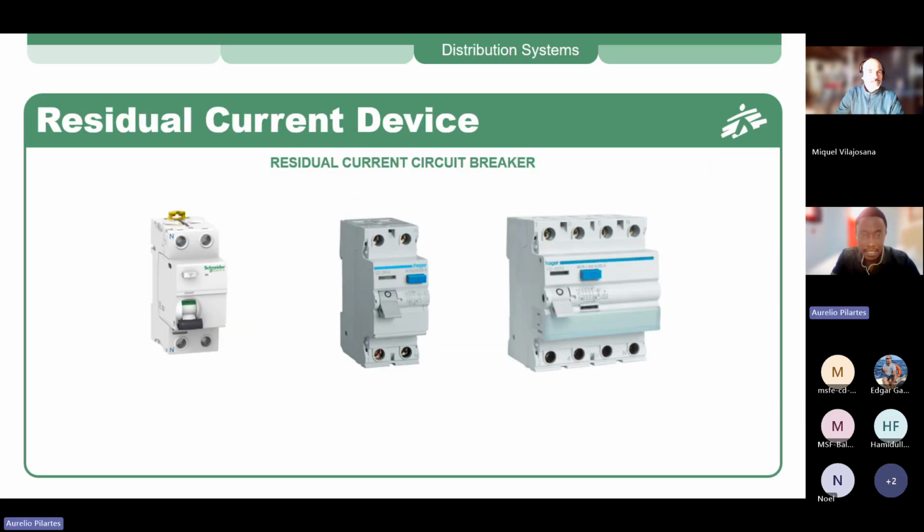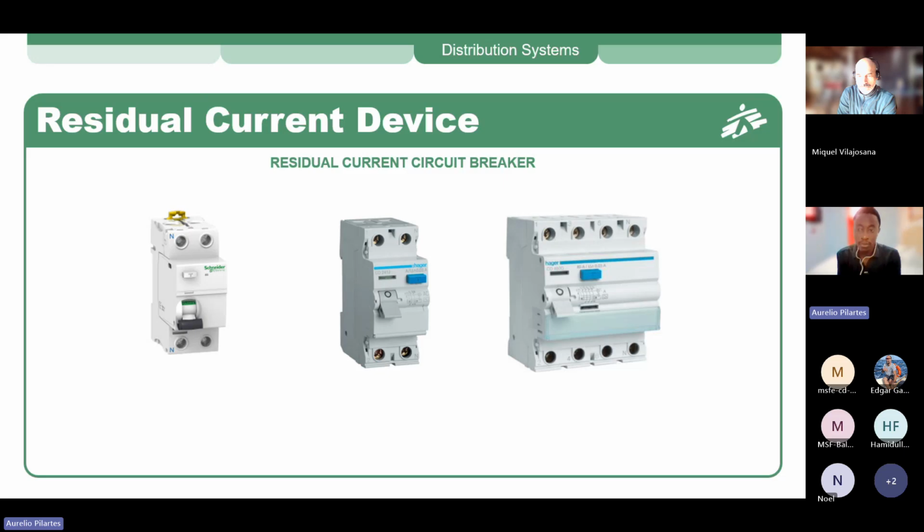Now, after the MCBs and MCCBs, we have the residual current circuit breakers. The RCCBs are meant to protect the circuit against leakage of current. When you have a power system, your current should flow through the entire circuit the same way, from the phases through all the appliances and back to the neutral.